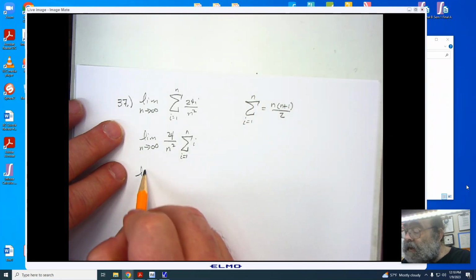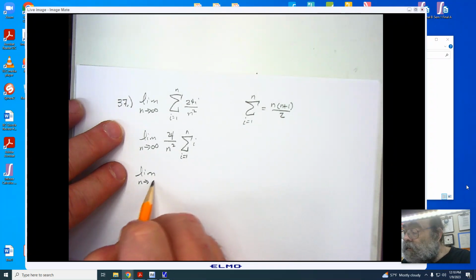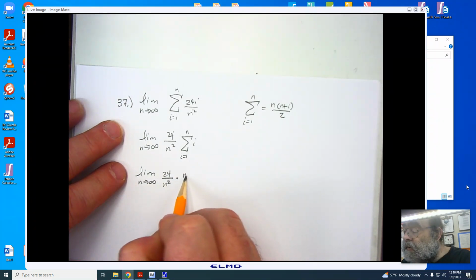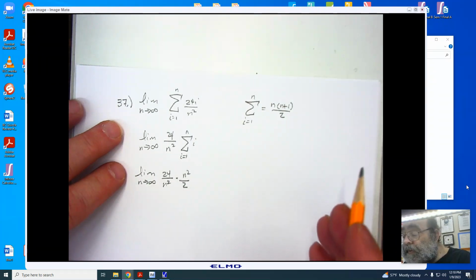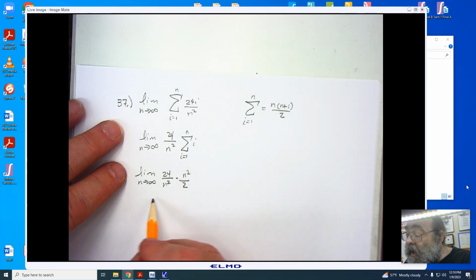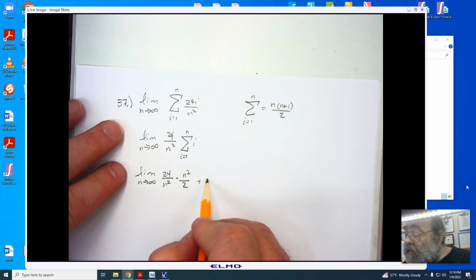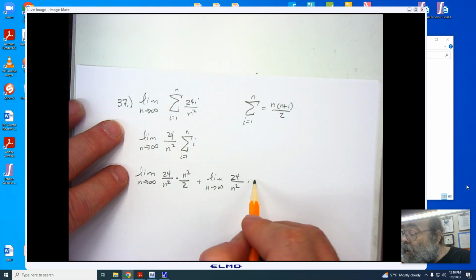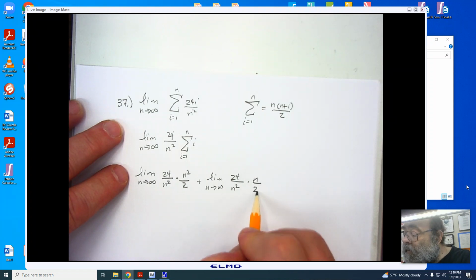So I'm going to do a direct substitution. 24 over n squared times n squared over 2. Now we only work with the highest power because the other piece, and I'm going to do it once just to remind everybody, is going to have a power of n greater in the denominator, and therefore it's going to end up going to 0.